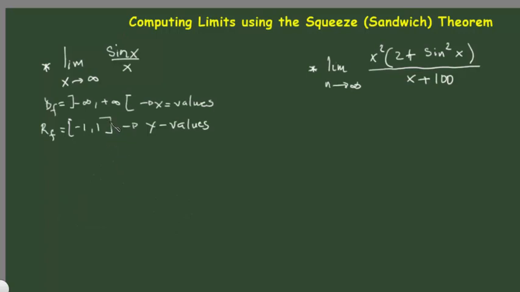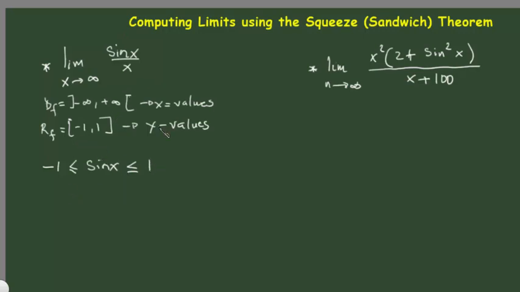So now we're simply going to consider our range here to find the limit of this fraction, including the sine. So we're going to say -1 is less than or equal to the sine of x, that's what we know already, and the sine of x is less than or equal to 1, in this range.